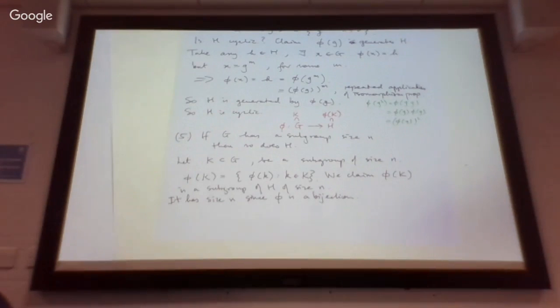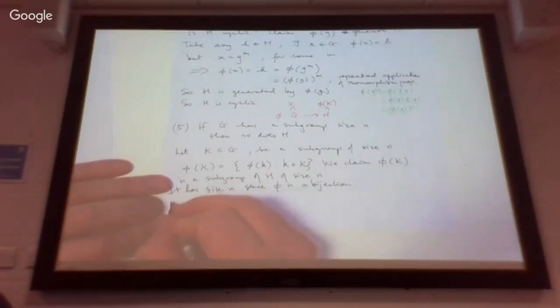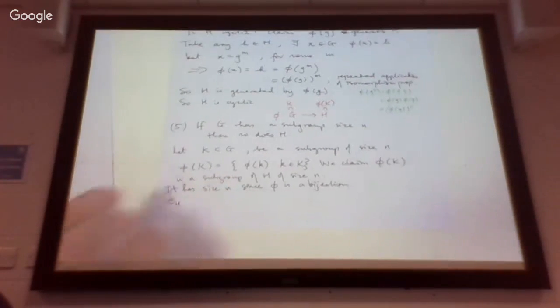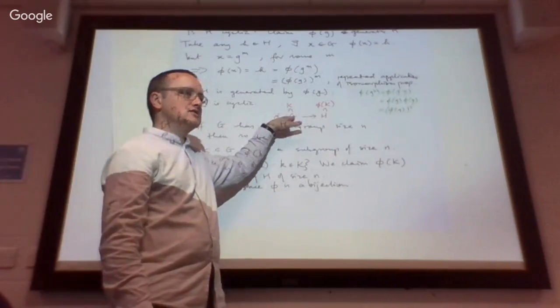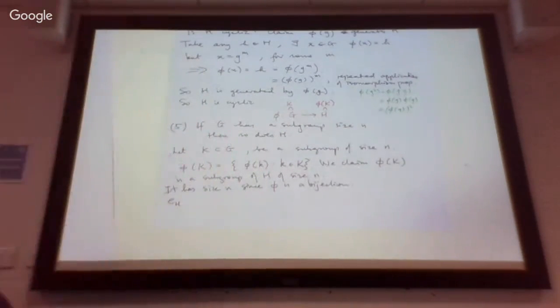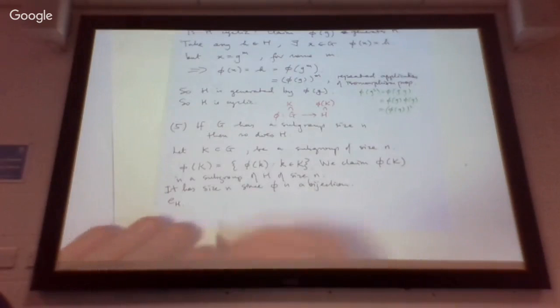Is it a subgroup? Well, it's certainly non-empty, since it's got n things in it. Does it have the identity? I'll put a subscript H on the identity because I want to distinguish between the identity element in H and the identity element in G, so they might be completely different animals. Is the identity of H in phi of K?